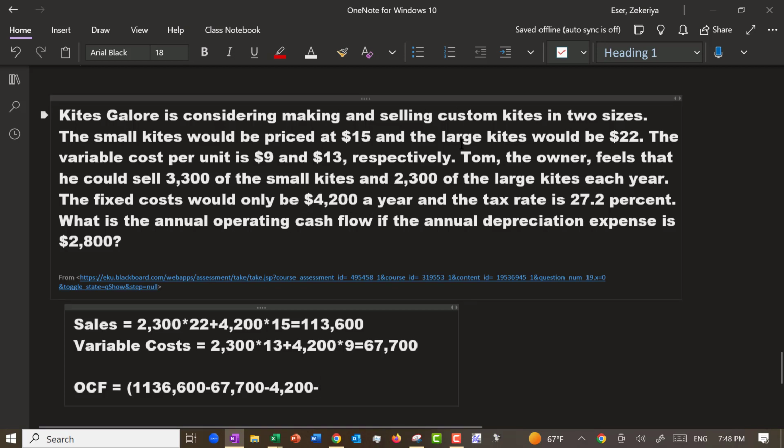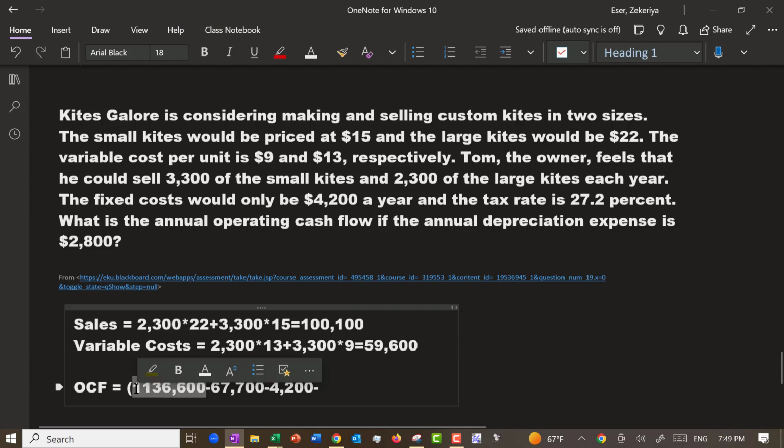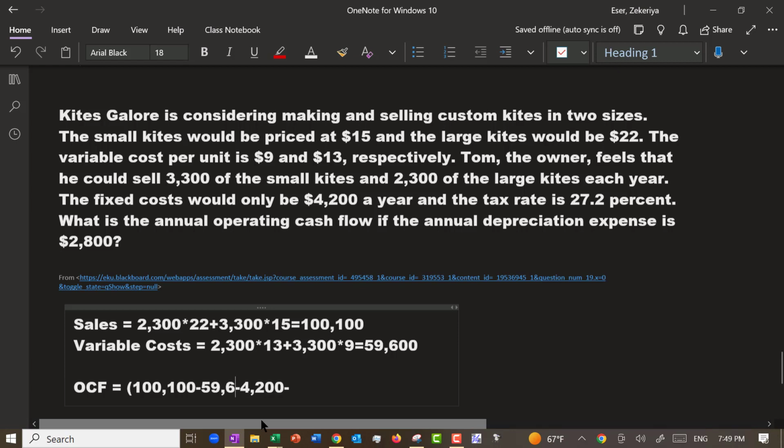Thank you. And depreciation is 2,800. That's earnings before taxes. 1 minus the tax rate, 27.2%, and add back the depreciation.